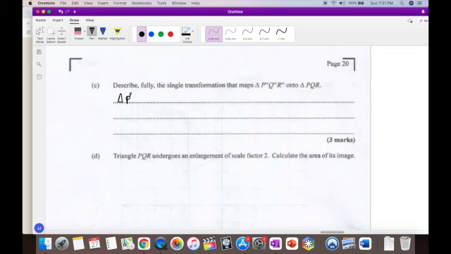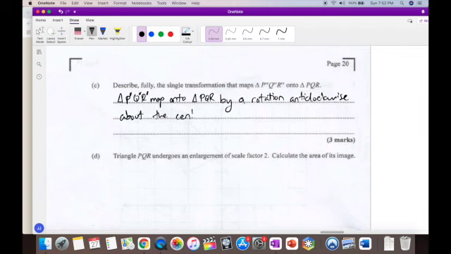So therefore, triangle PQR double prime maps onto triangle PQR, the original image, by a rotation anti-clockwise about the center point.